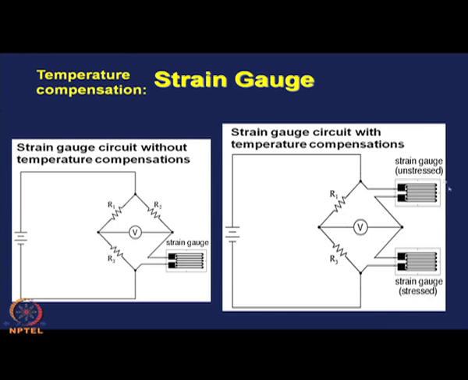So, the change in resistance due to temperature change will be nullified by the change in resistance of the unstrained strain gauge caused by temperature. So, this way, by putting two identical strain gauges, but using only one connected to the specimen whose strain I want to measure, I can compensate for the changes in temperature.